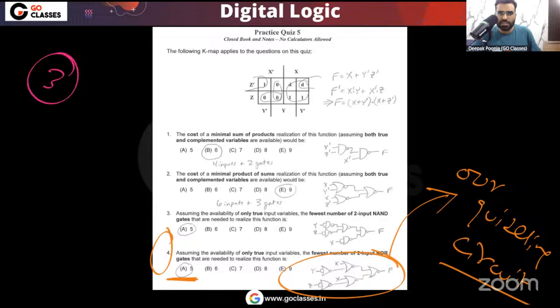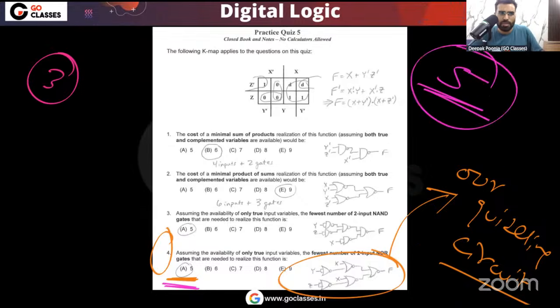We can do it with 3 NOR gates, but they also missed it. They are saying that the minimum number of NOR gates required is 5. This same circuit we will get if we use our guidelines. I already told you, using our guidelines we will need minimum 5 NOR gates. And you can see here 5 NOR gates.